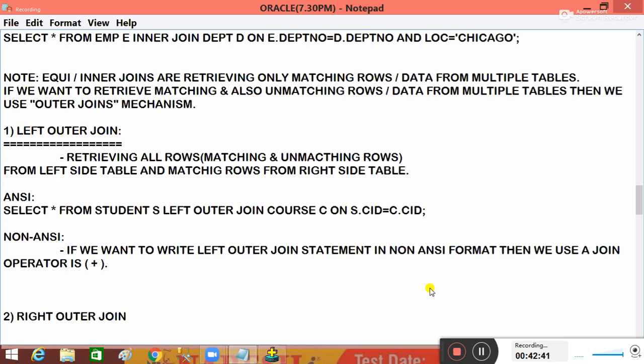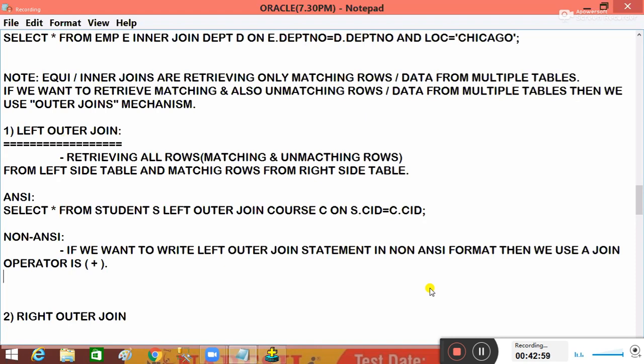So plus is called the join operator, and this plus join operator was specially introduced for use in joins, and that too non-ANSI format joins.